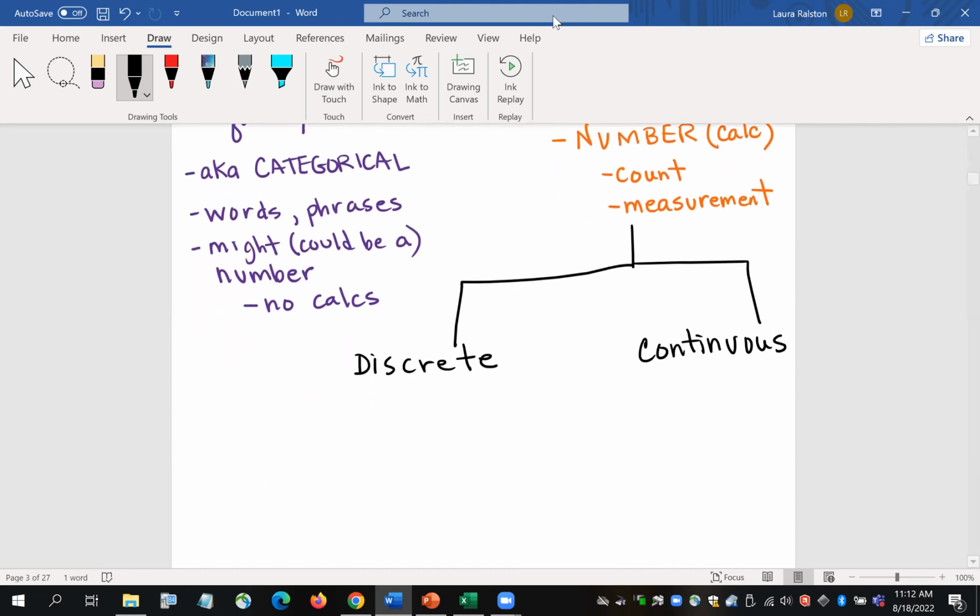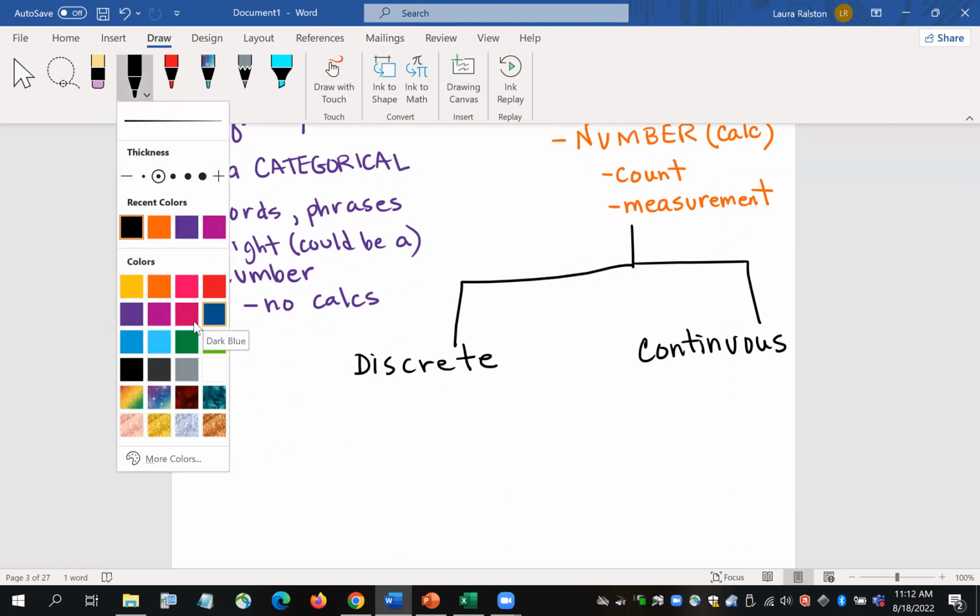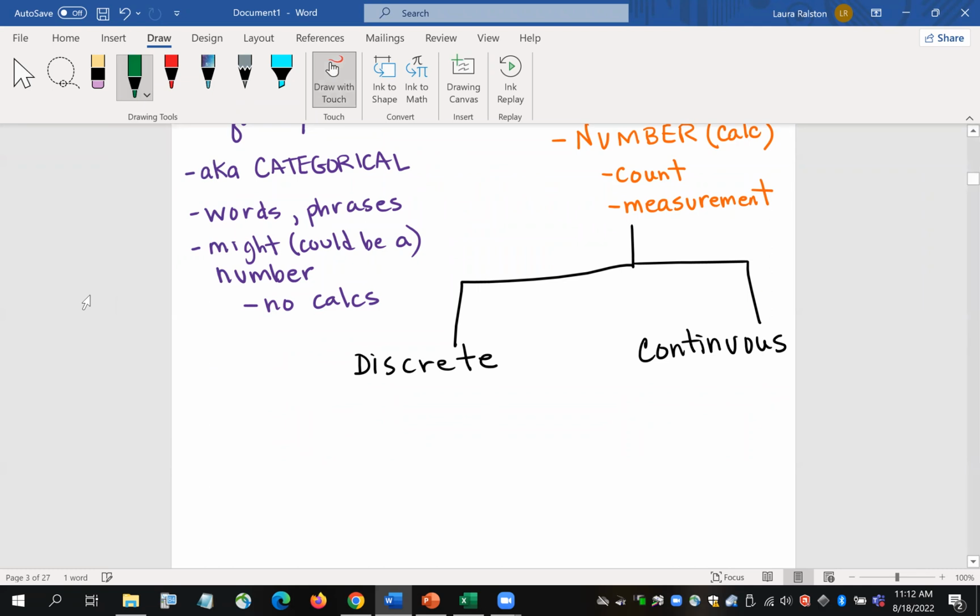Discrete is quantitative, so it's going to be a number, but it's a number that's associated typically with counting, and it's going to be in whole units. With discrete data, we have no fractions, no decimals.